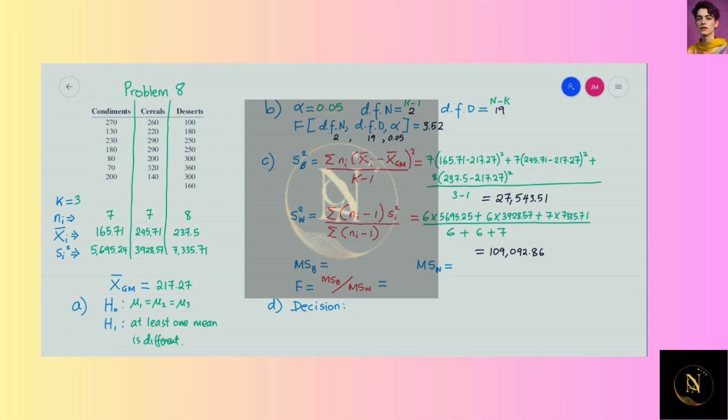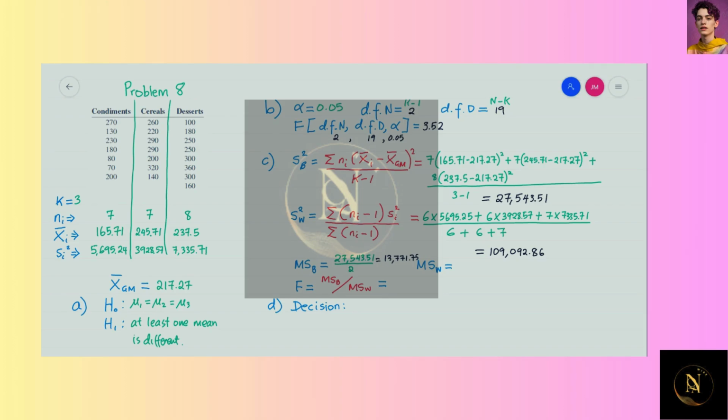For MSB, the mean square for between the groups, we're going to have 27,543.51 divided by the degrees of freedom for the numerator, which is 2, and that gives us the value 13,771.75.